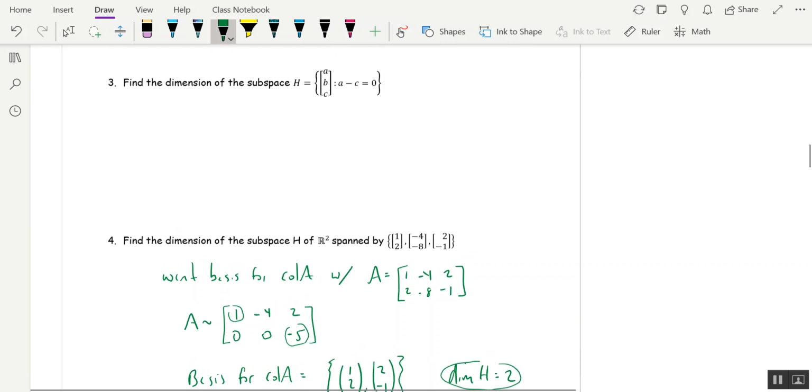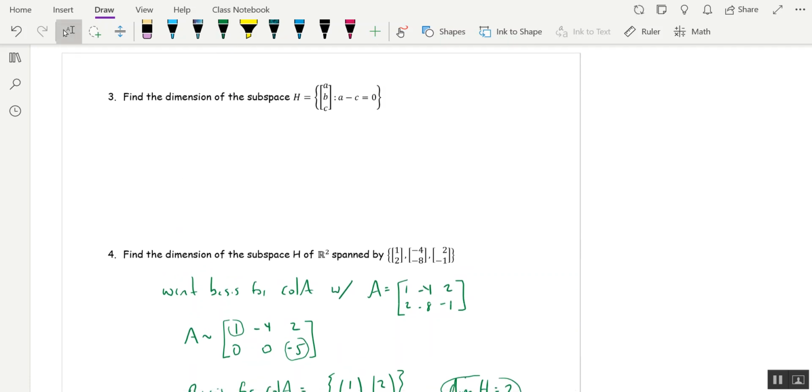Okay, now this one, number 3, is a little bit different because there's an equation there. So it's the set of vectors in R3. So H is a subspace of R3. It's a set of vectors whose first coordinate minus the third is 0.